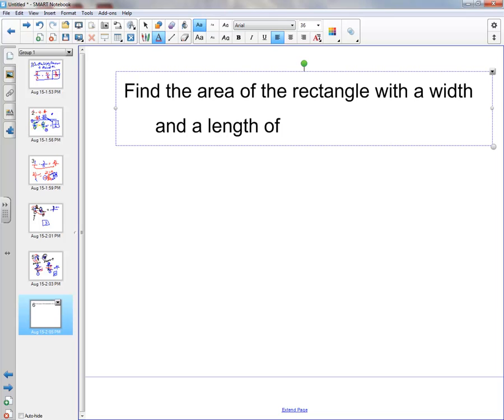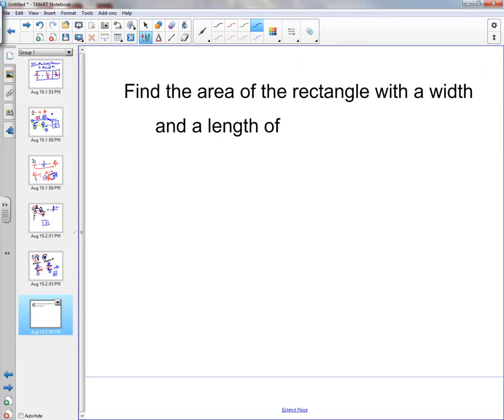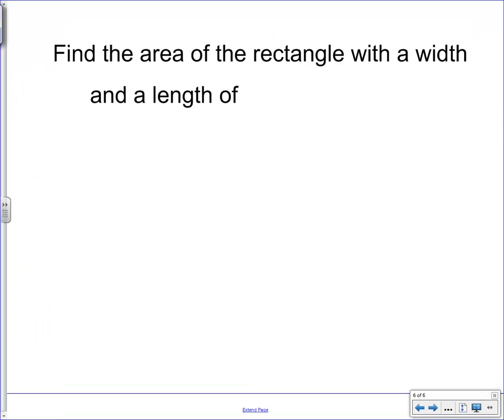Okay, so as I switch to my pen here and write these in, we'll be able to solve this. So find the area of the rectangle with a width of 6 1/4 and a length of 5 1/2. These measurements are both feet, okay?